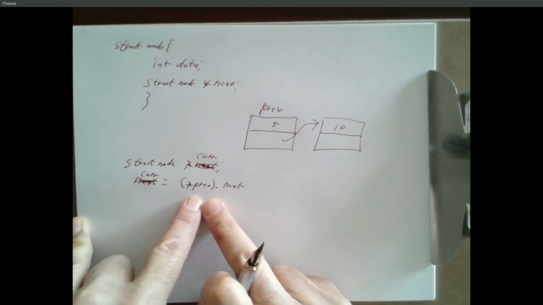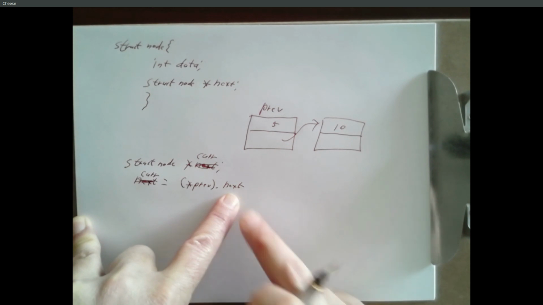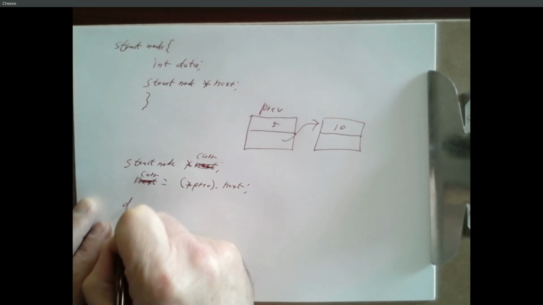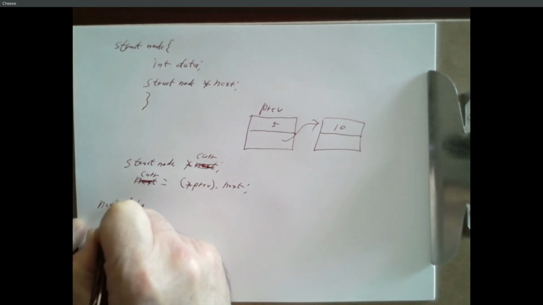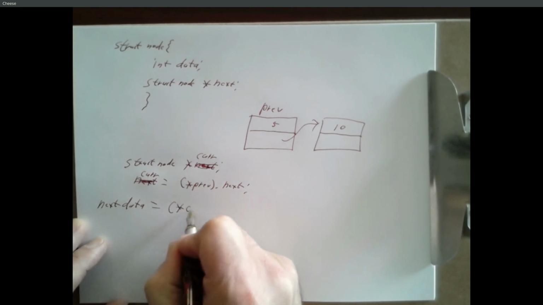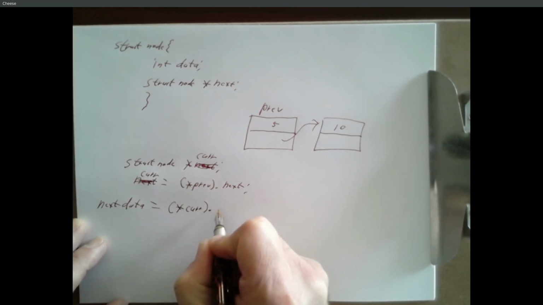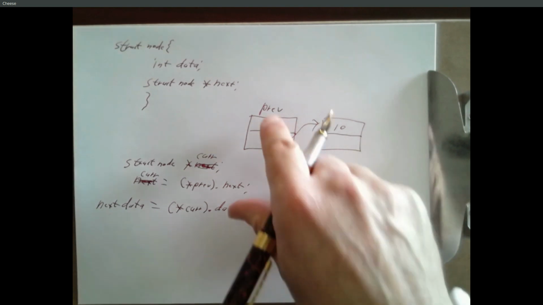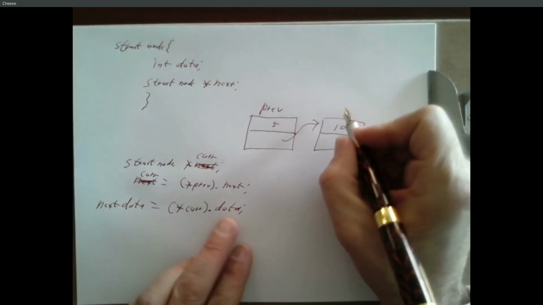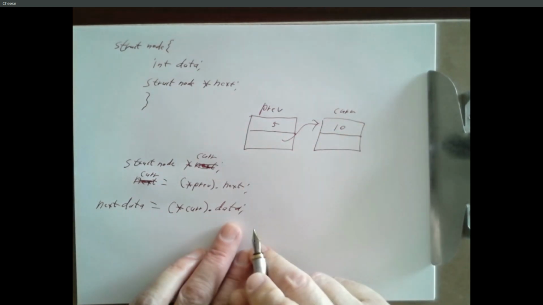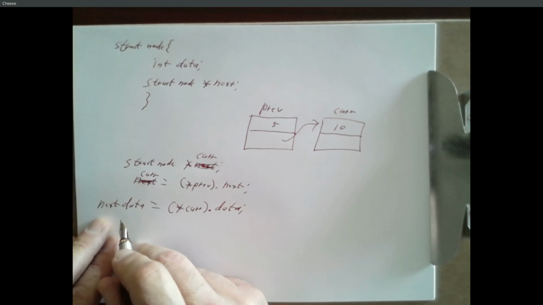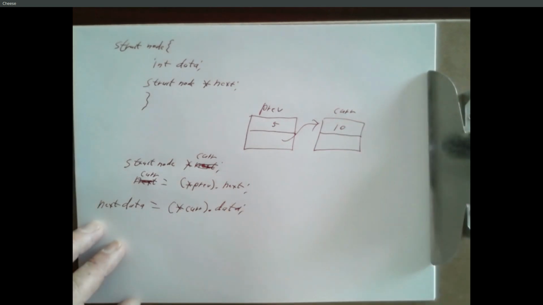I'll set current equal to the thing pointed to by previous, dot next. I don't want to have too many nexts. And then I could say next data equals the thing that current points to, dot data. So here's previous. I set current to be the thing that previous points to, and then I say look at the thing current points to, pick up the data field, and I'm going to call that next data. So these two expressions would get me to the 10.